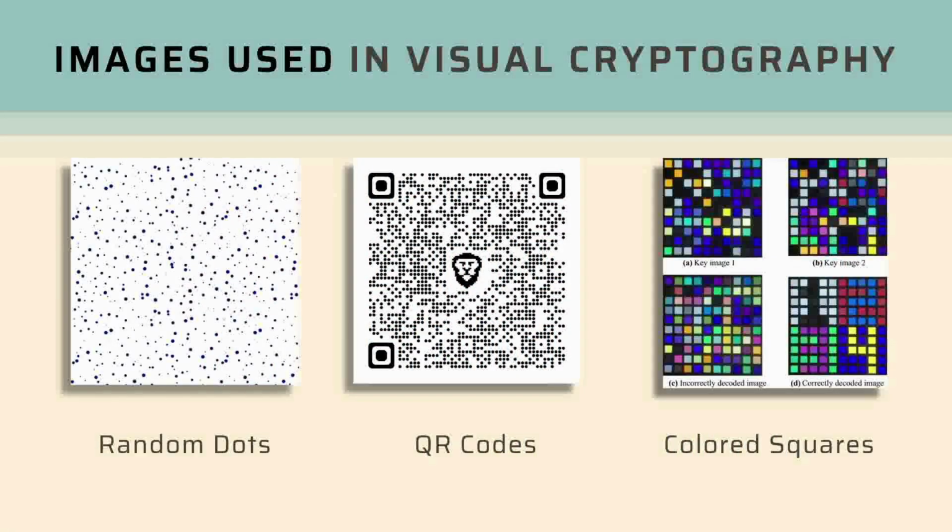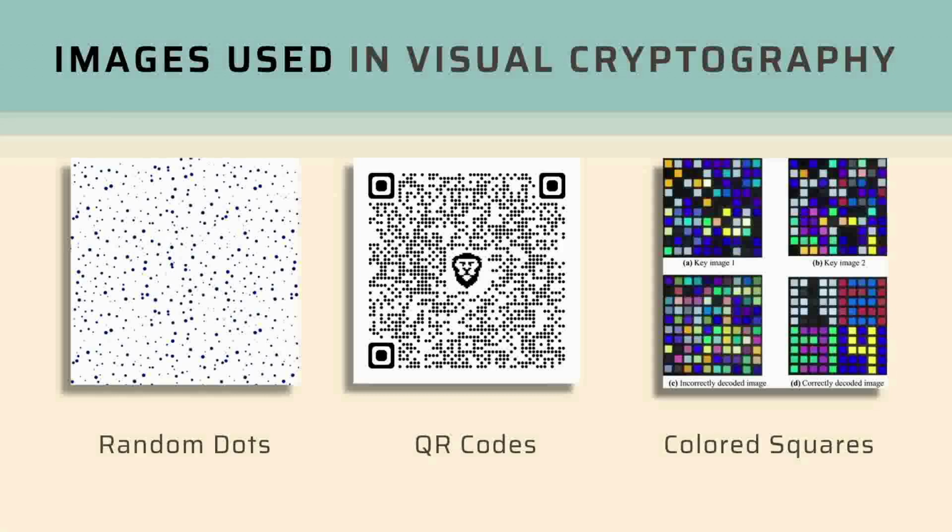So yes, these are the different images which are used in visual cryptography. First are random dots. This technique uses a set of randomly generated black and white dots to encode information. When the two images are overlaid, the original image is revealed. Then come the QR codes.